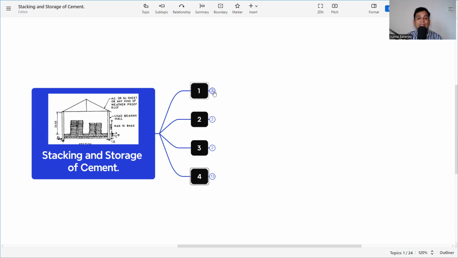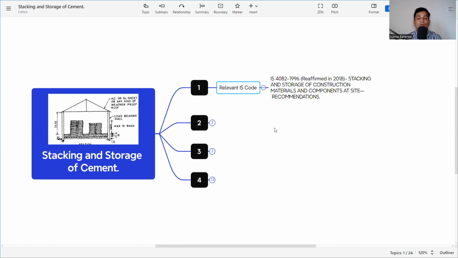So what is the IS code for cement storage and stacking? That is IS 4082:1996, reaffirmed in 2018. That is stacking and storage of construction material and components at site, recommendations. So it is not only cement, it is the general guidelines for the storage of construction material. So steel, bricks, everything is there.